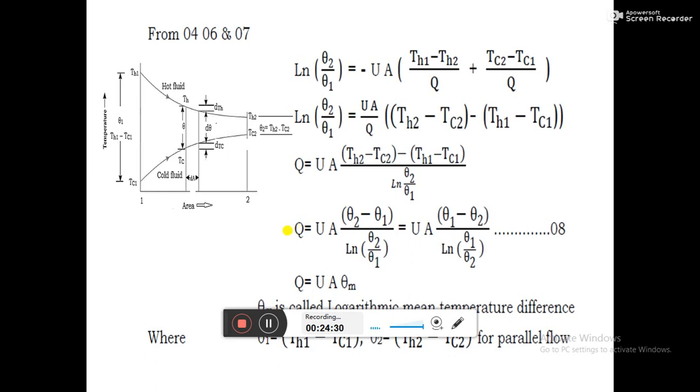Q equals UA into theta 1 minus theta 2 divided by ln theta 1 by theta 2 gives the heat transfer through a parallel flow heat exchanger for the LMTD method.